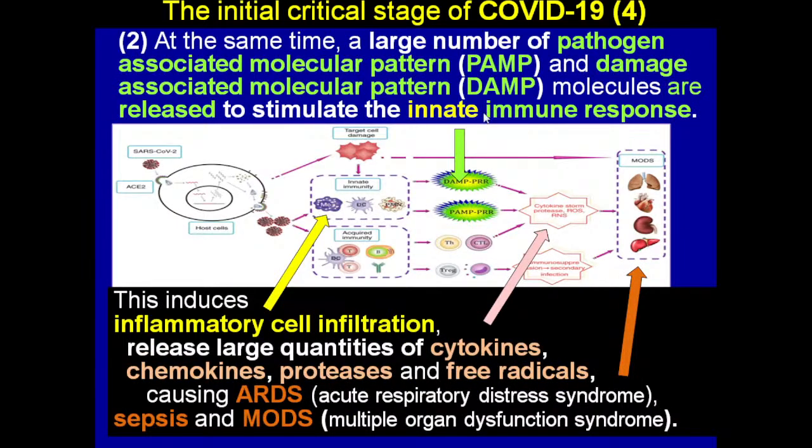Then, at the same time, a large number of pathogen-associated molecular patterns and DAMP molecules are released to stimulate the innate immunity response. It is stimulated and induces inflammatory cell infiltration, releasing large quantities of cytokines, chemokines, proteases and free radicals, causing acute respiratory distress syndrome, sepsis, and multiple organ dysfunction.